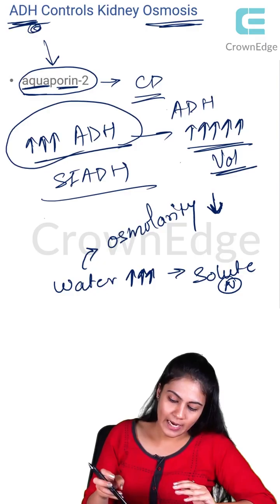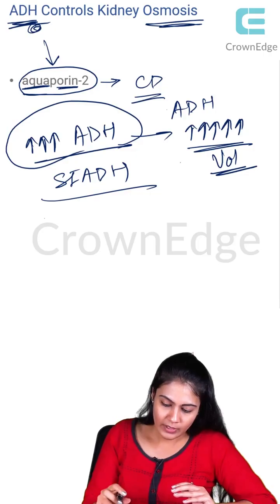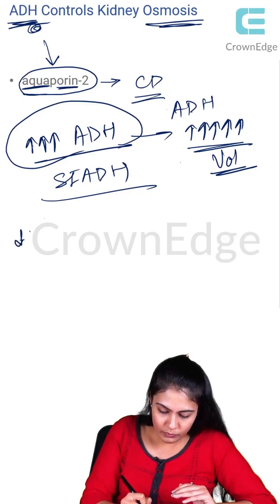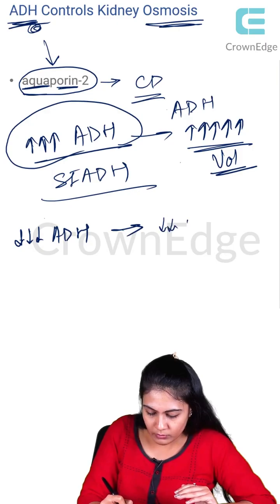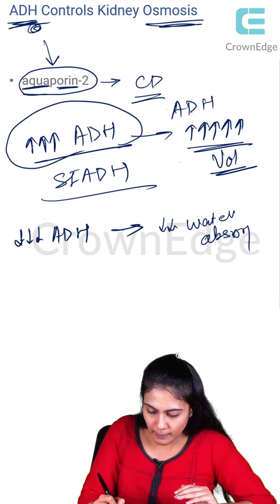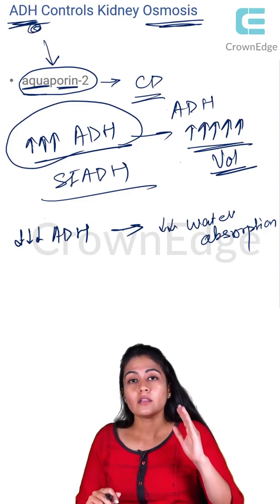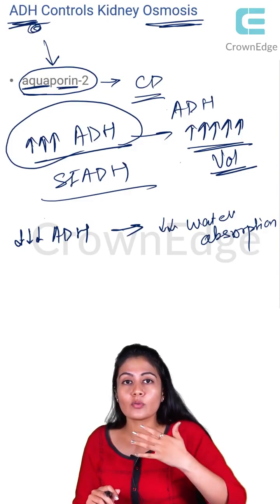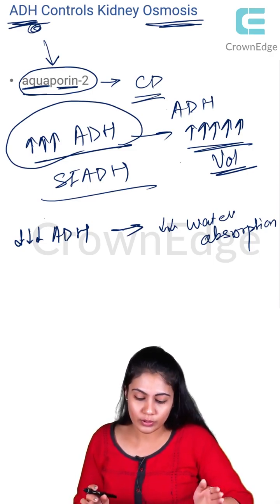And the opposite will happen if the ADH secretion is low. What will happen if the ADH secretion is low? Low ADH secretion will lead to less absorption of water, right? Less absorption means whatever water is there is going to go into the urine and come out through the urethra.